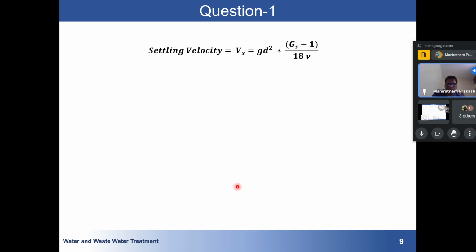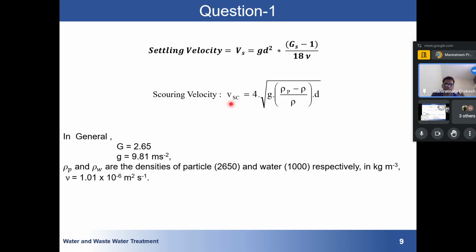So this equation can also be written as 4 under root G (Gs minus 1) into D. So if someone has given you all these values, you can calculate Vs and Vsc for any flow, for any particles.